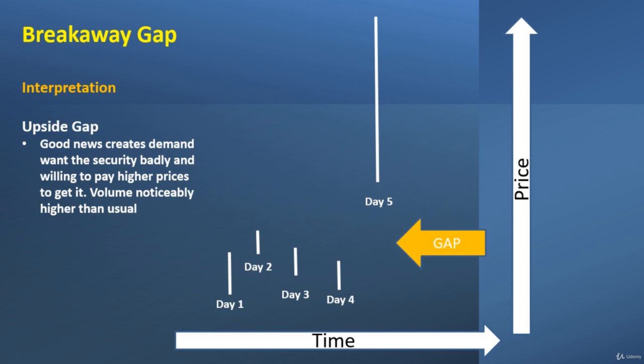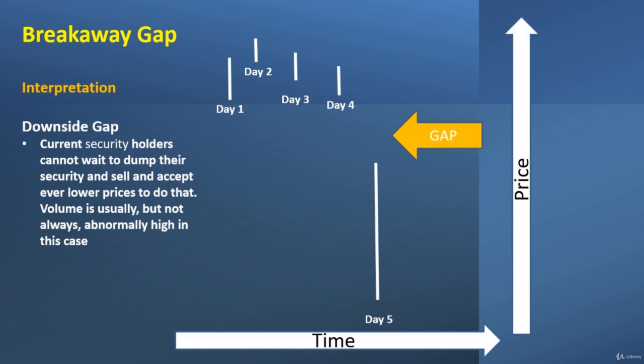If we were to put volume along the bottom of this, and we look at some other charts later, you'll see that. But if we had volume here, you'd usually see a spike or a dramatic increase in volume, because there's some news overnight, some good news, everybody's like, oh, this looks like a good security, I want to get in here, and a lot of people are getting in now, and they're willing to pay these higher prices right from the start of the day, and that's what helped create this big upside gap.